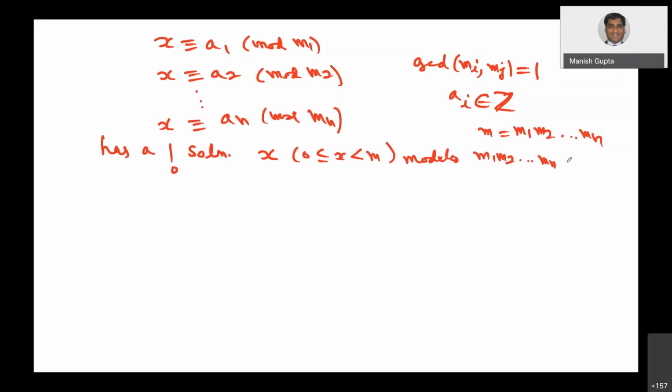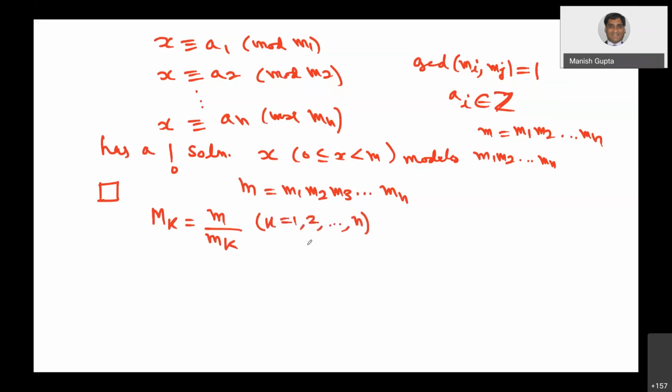So how do we get this solution? It's a constructive proof showing how to find a solution. Small m is m1, m2, m3, up to mn, the product of all the mi's. Write capital Mk as small m divided by small mk, where k is equal to 1, 2, up to n.